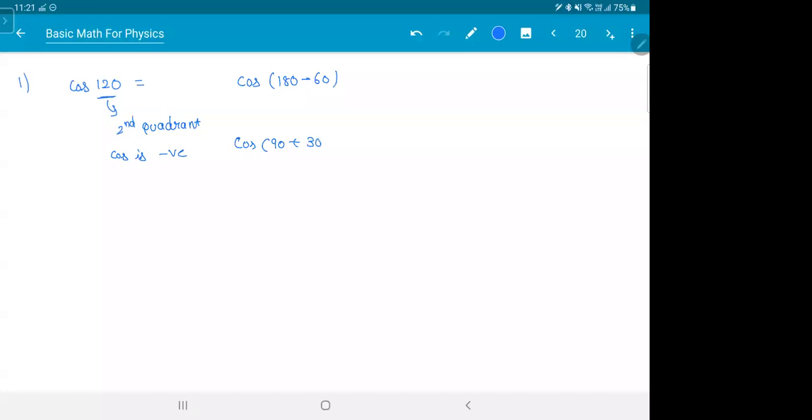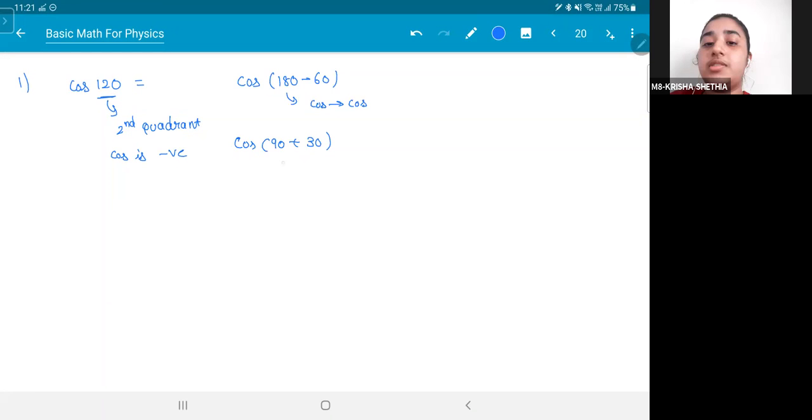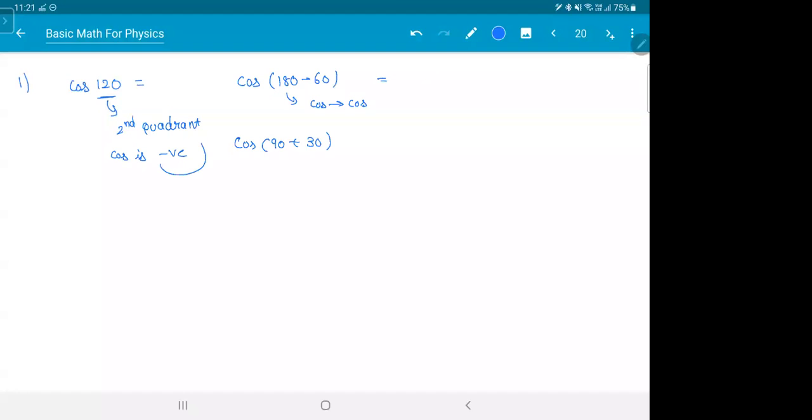You can write both. Whenever there is a 180, what will happen? Cos remains cos. So there is a minus sign here, and this is theta. So minus cos 60, which is minus half. Whenever there is a 90, cos becomes sine.